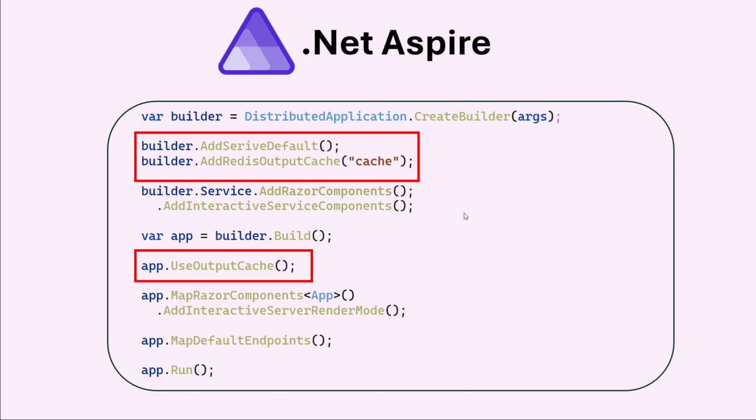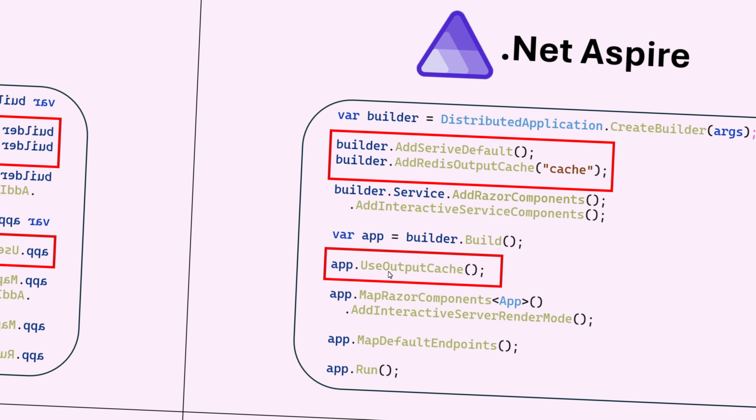I use output cache. I'm already doing that inside my project, but I wanted to use Redis for it. So while I have the add service defaults, we are going to add Redis output cache, give it the same name as a cache service, and that output cache will then start writing to Redis instead of using local memory.